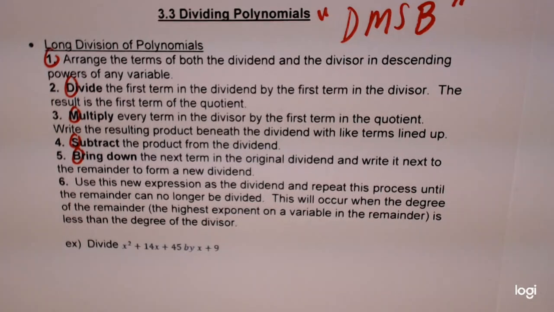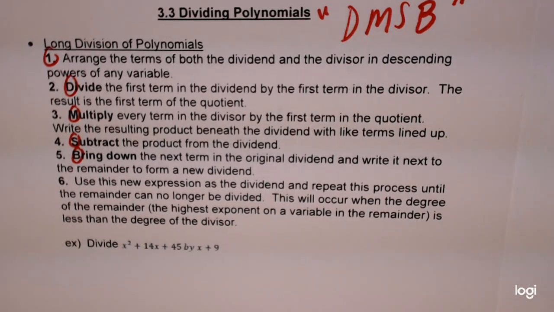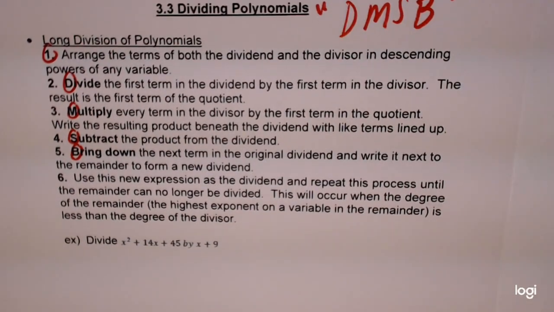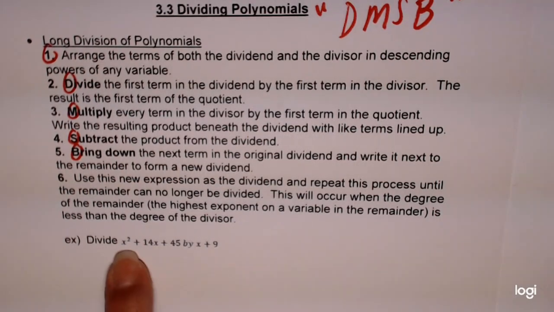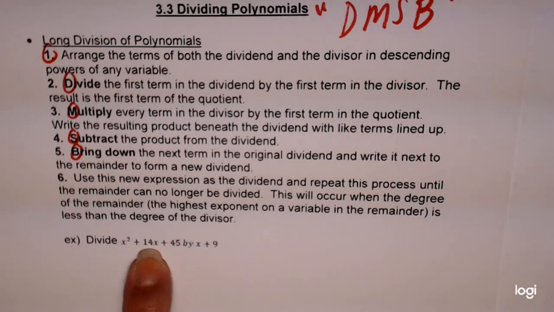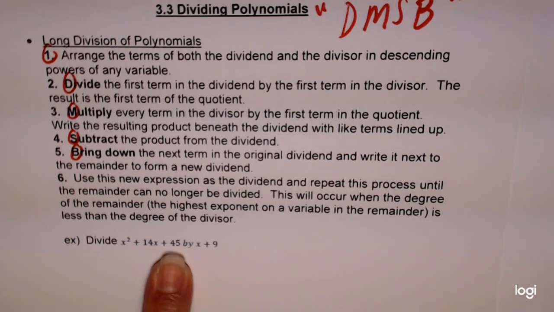So as I said, rather than go through the specifics, I don't know that it'll make much sense and it will be kind of boring. Let's go into this example here. So we want to divide x squared plus 14x plus 45 by x plus 9. And if we look here, x squared, x to the first, no x, that's in order.